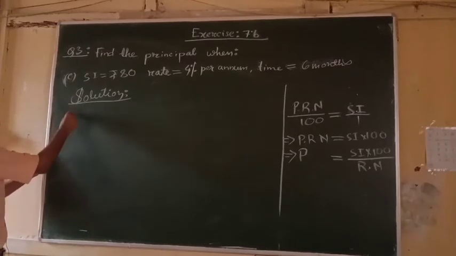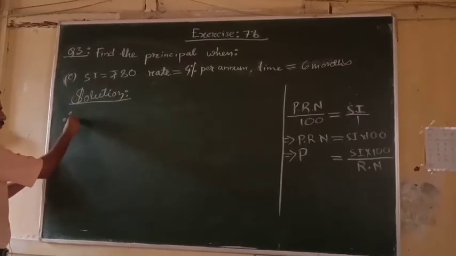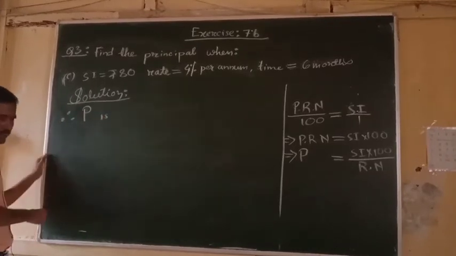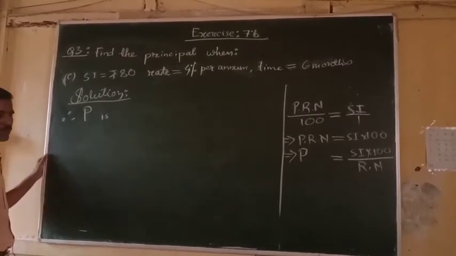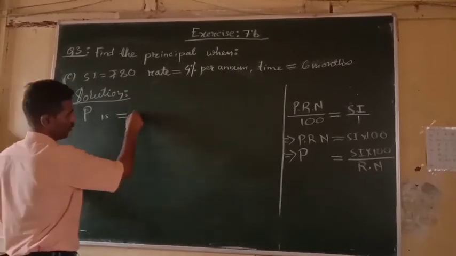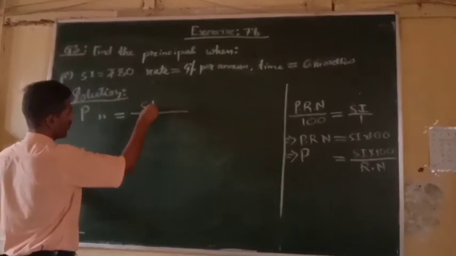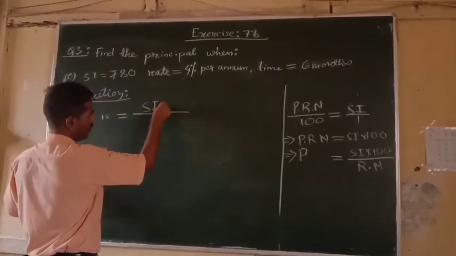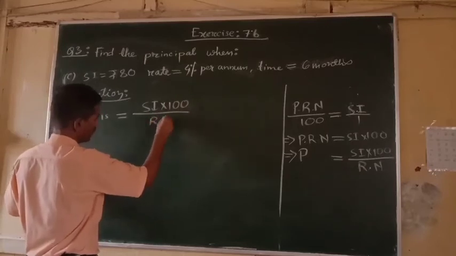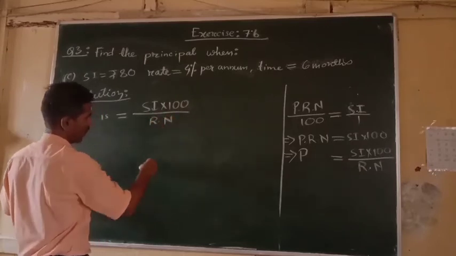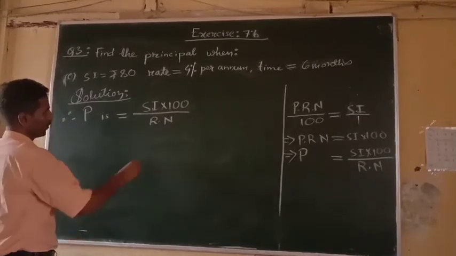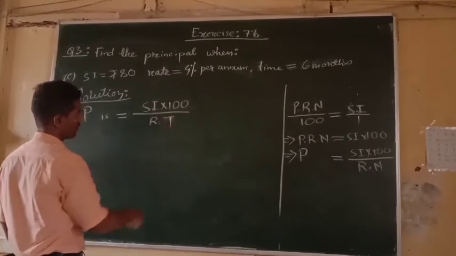So P, you don't write principal, you write P and you understand P means principal. P is equal to, what formula did we get? Simple interest into 100 divided by R, meaning rate of interest, into number of years, that is N. Or if you don't understand, you can write T here.